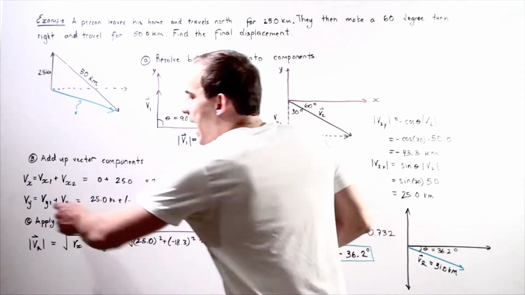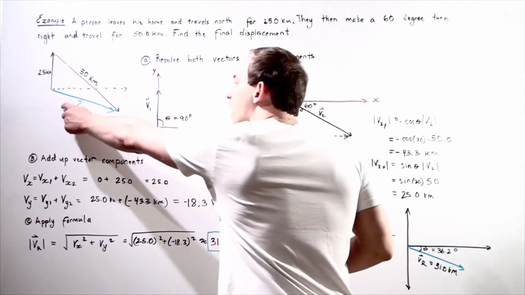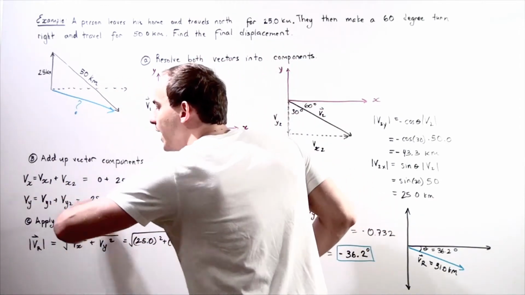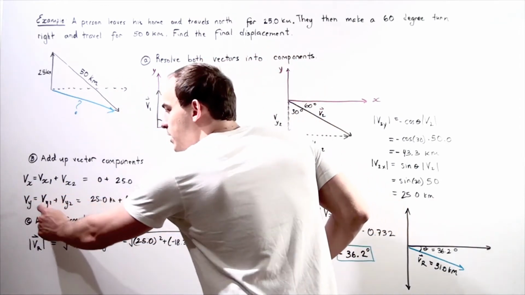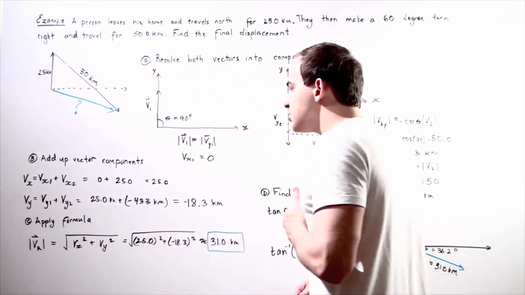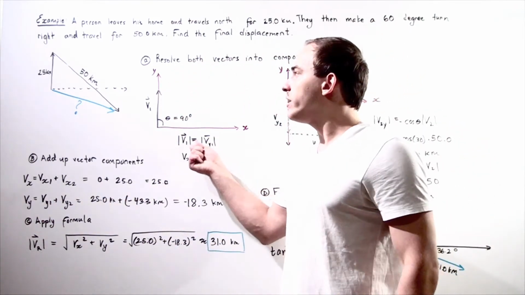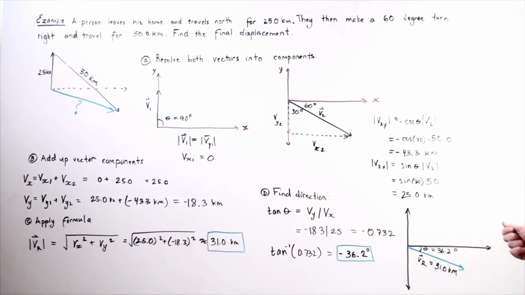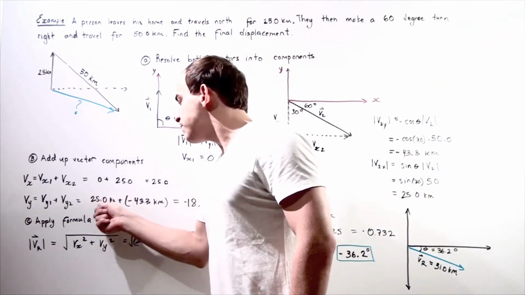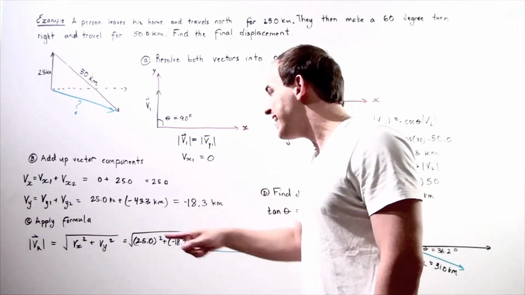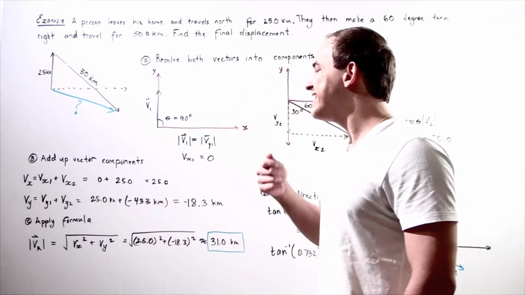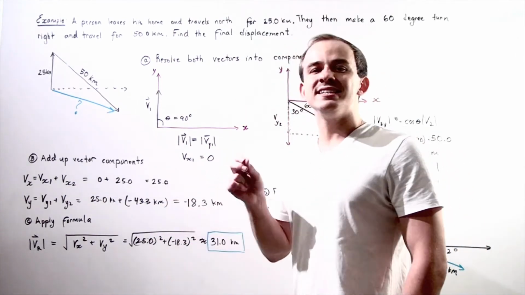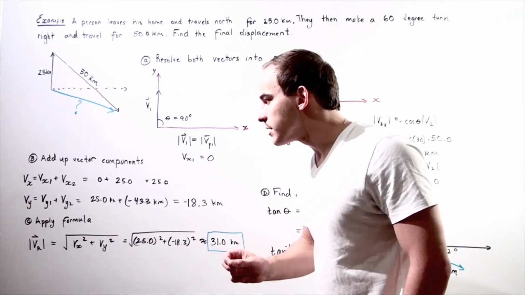Now, what about our component of the resultant vector along the y direction? So Vy1 plus Vy2, so Vy1 is 25 kilometers, and Vy2 is negative 43.3 kilometers. So 25.0 plus negative 43.3 gives us negative 18.3 kilometers.